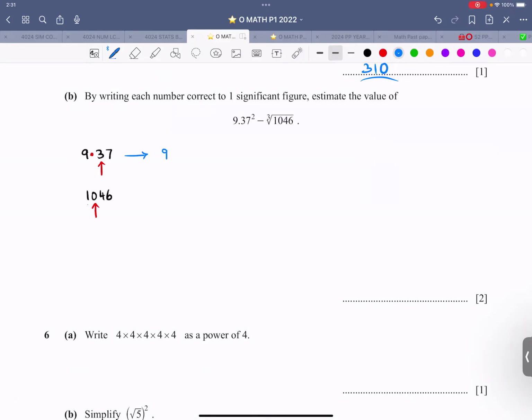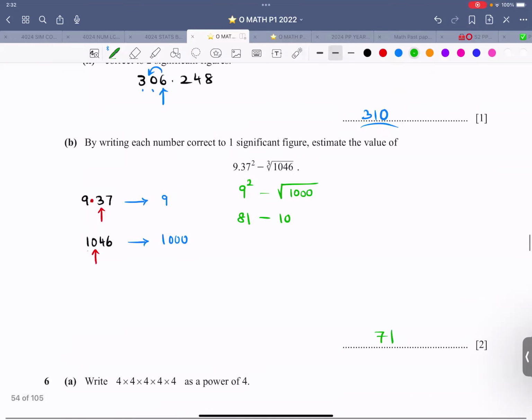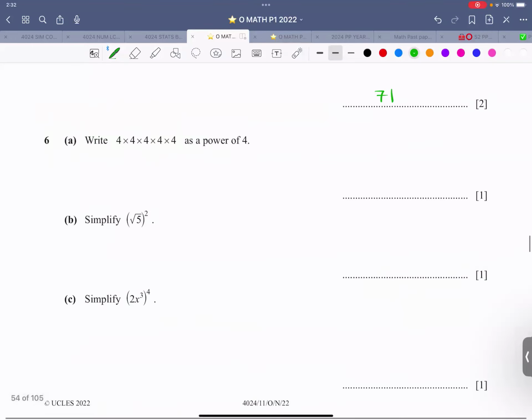And 1046 to one significant figure, since 0 is again smaller than 5, as 3 was smaller than 5, this is 1000. So basically, this comes out to be 9 square minus cube root of 1000. 9 square is 81. Cube root of 1000 is 10. So therefore, this difference is coming out to be 71. That's the answer for this part. So question number 5 is done.